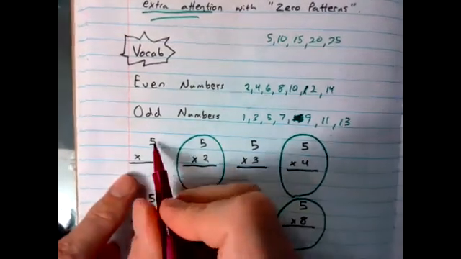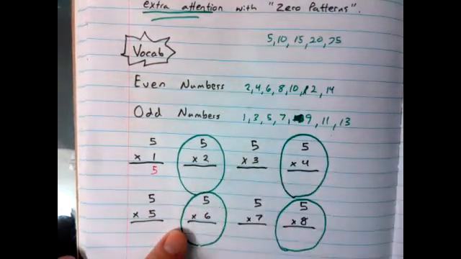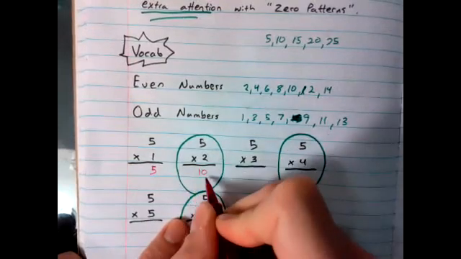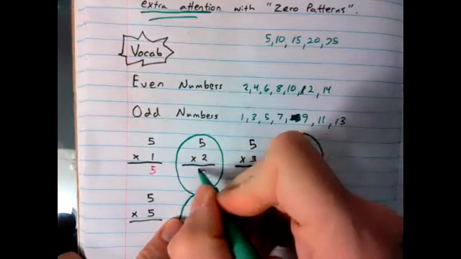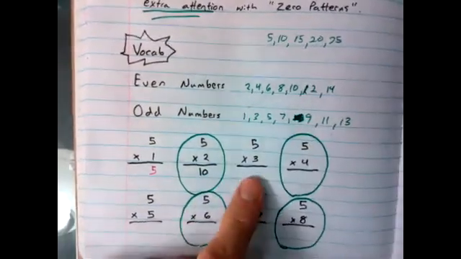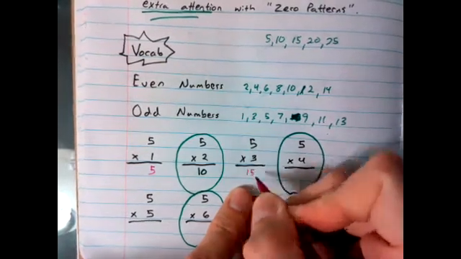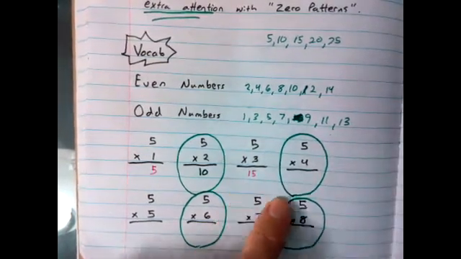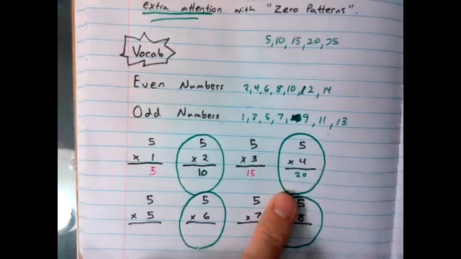Let's do my odds. 5 times 1 is 5. 5 times 2, what do we get? 10. We get an extra 0. Let me keep that green. Let's go to the next one. 5 times 3, 15. All right. 5 times 4, we end up with 20.